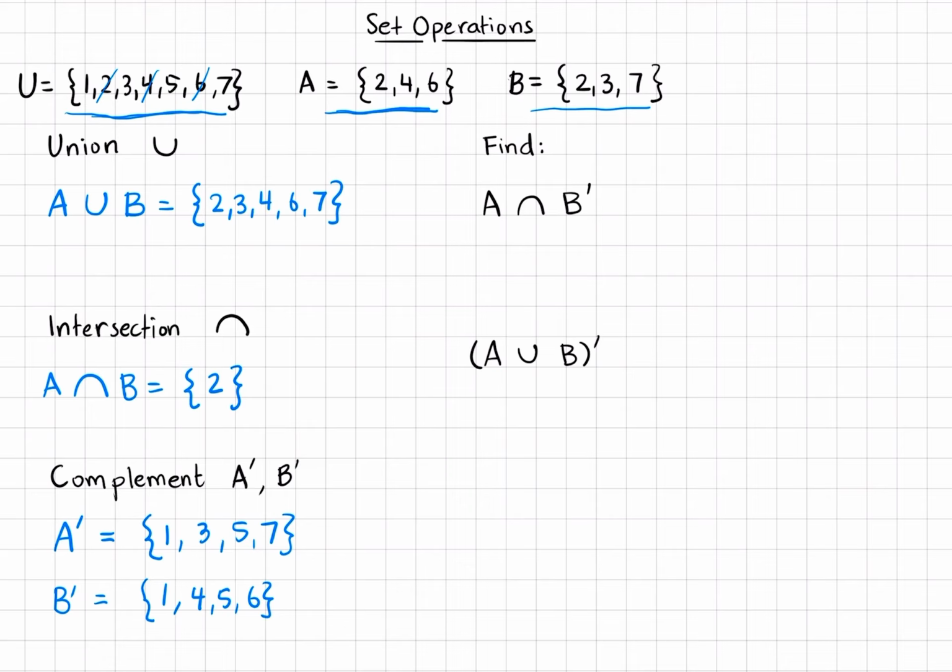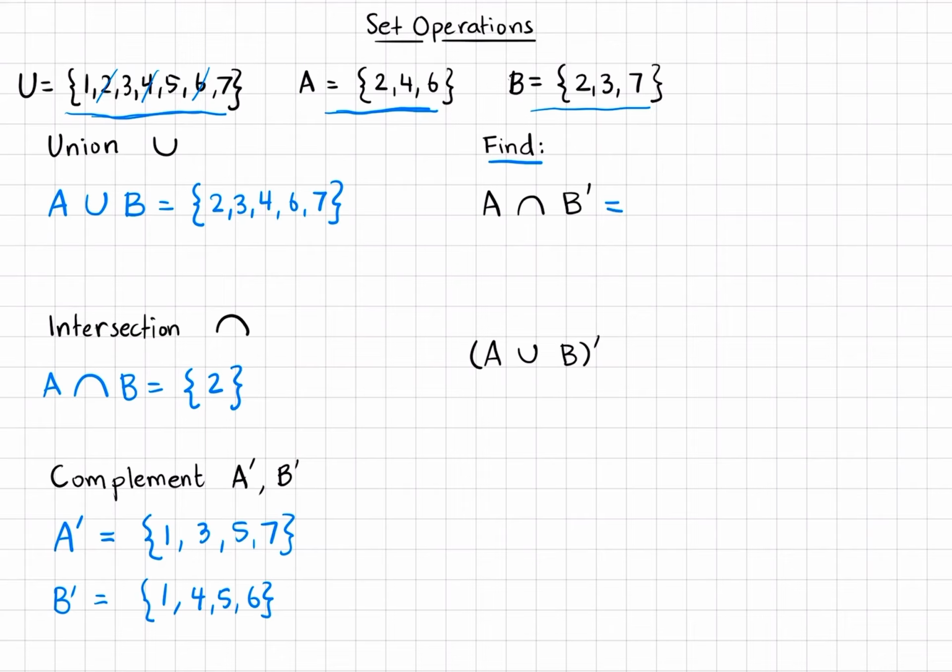And that's the theory in this video. Now let's look at a couple of examples that will require us to think a little bit more. The first example says, find the set which is the intersection of set A with the complement of set B. At first it might seem a little intimidating or confusing, but we can take it step by step.